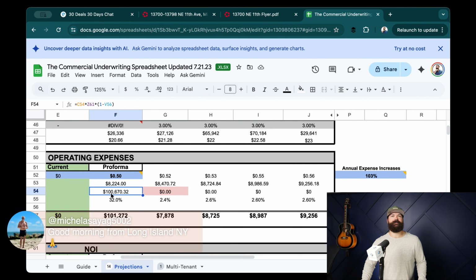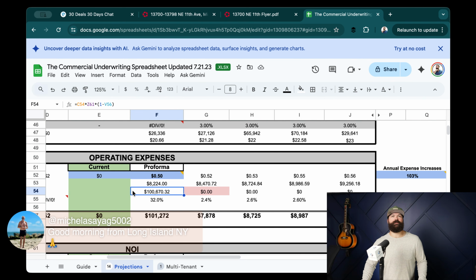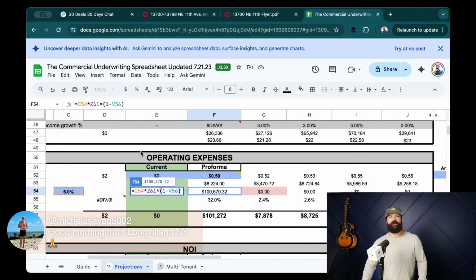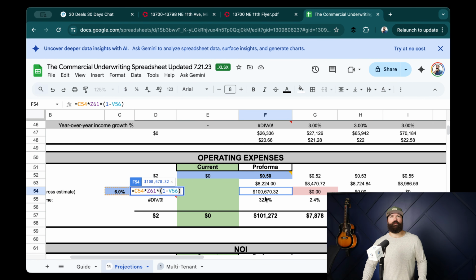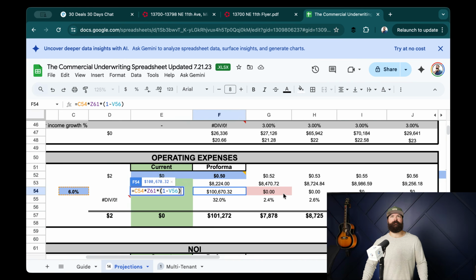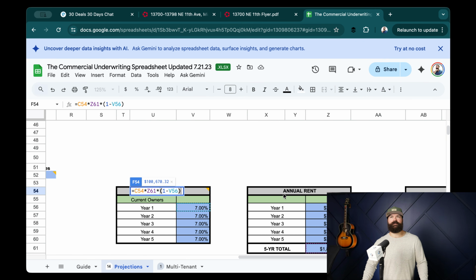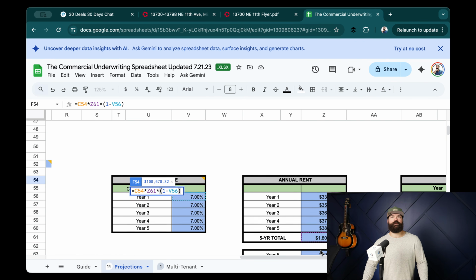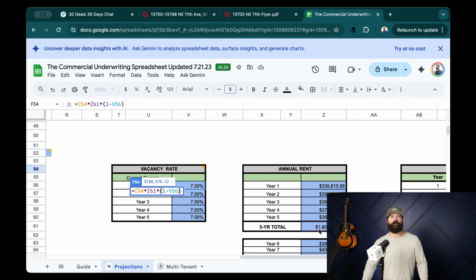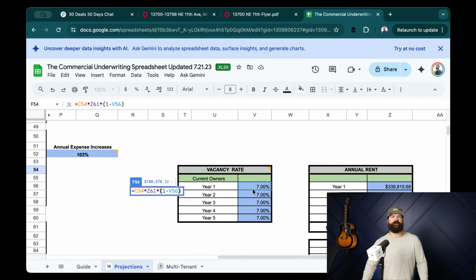I'm actually going to see why this is broken. C54. If you guys ever want to diagnose why something isn't working properly, just double click on it and look at the formula. It's going to highlight these boxes. All right, so we got C54 times Z61, which is our 5-year total on the rents, times 1 minus V56.